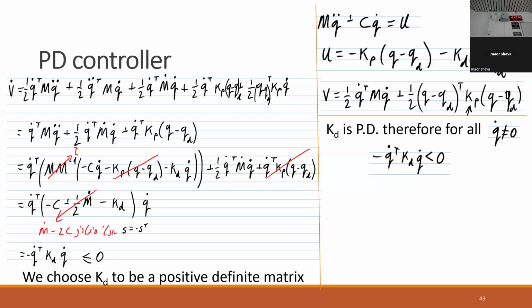Therefore, I have q dot transpose Kp times q minus qd, plus half of q minus qd transpose Kp times the derivative of q minus qd, which is q dot.